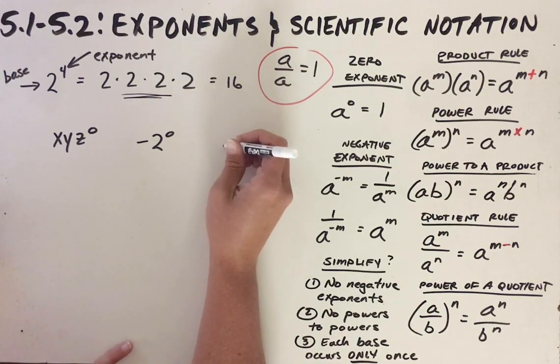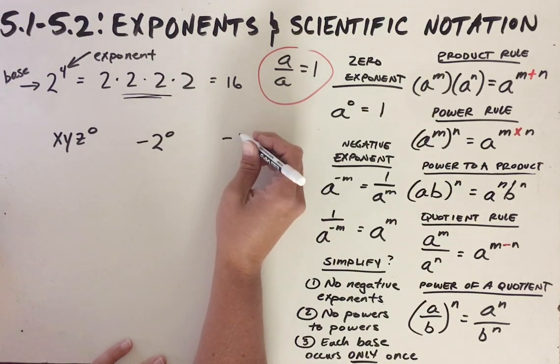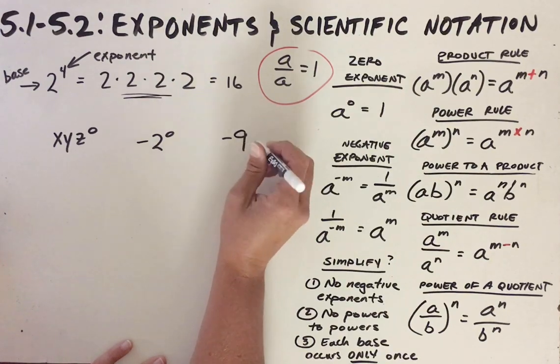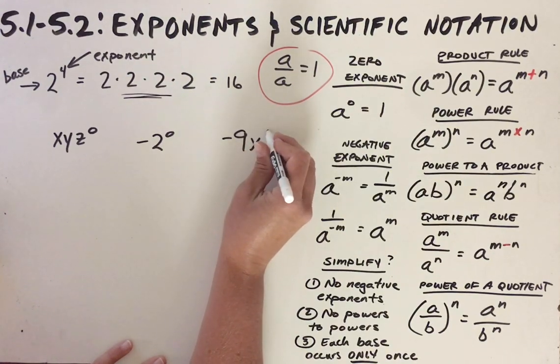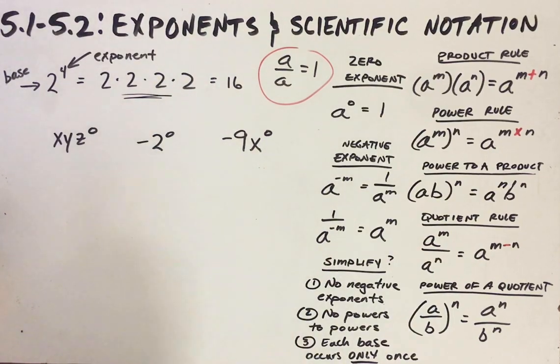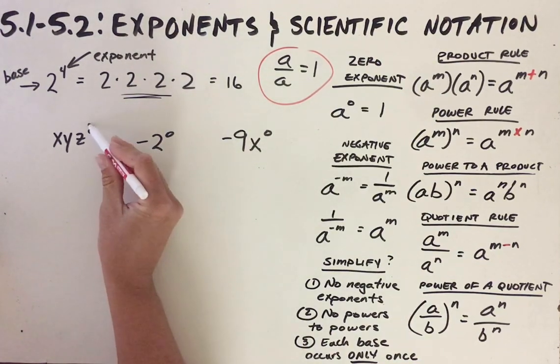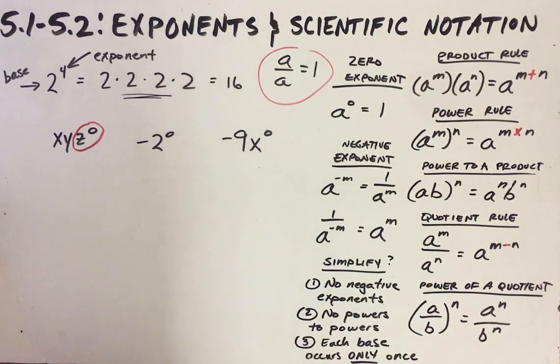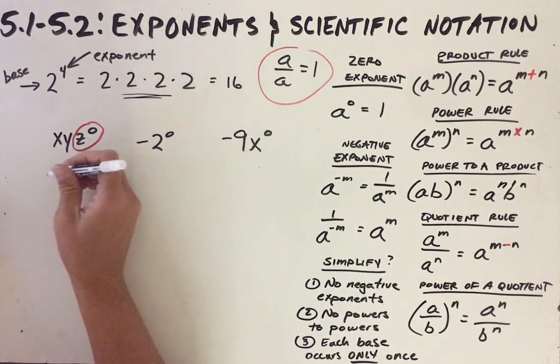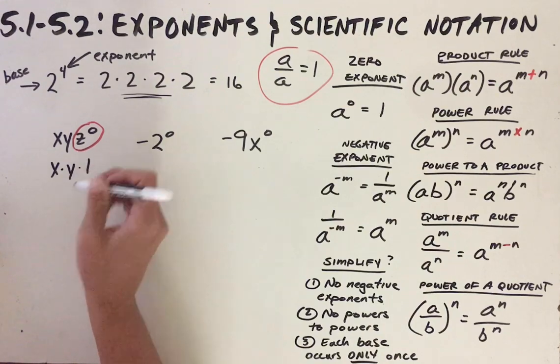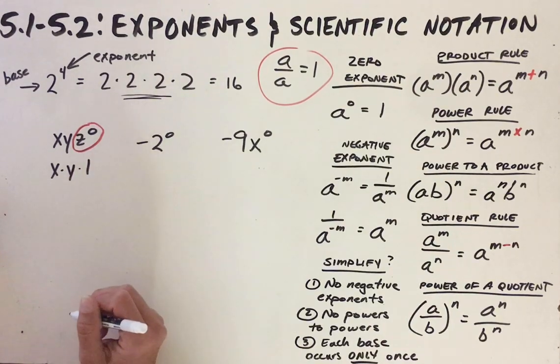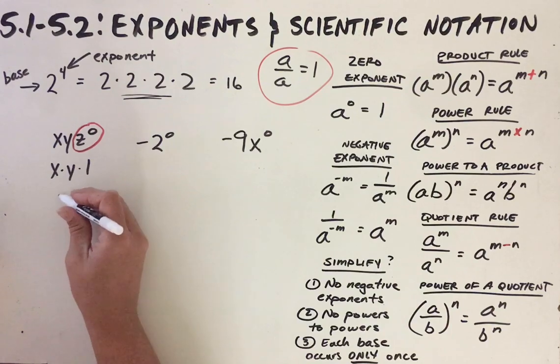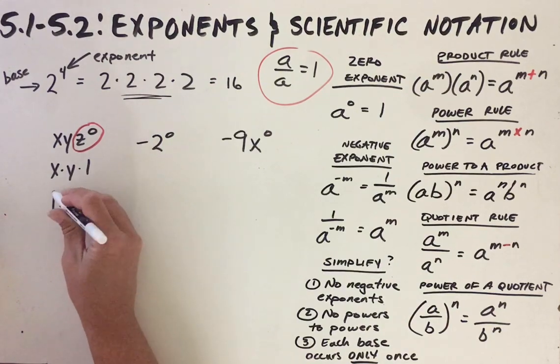Let's say that we have negative 9 over x to the 0 power. How does this 0 power thing work? Well, remember that exponents only belong to whatever they're closest to. So in this case, it only belongs to the z. So z to the 0 power is 1, which just means x times y times 1. So we get x, y here.